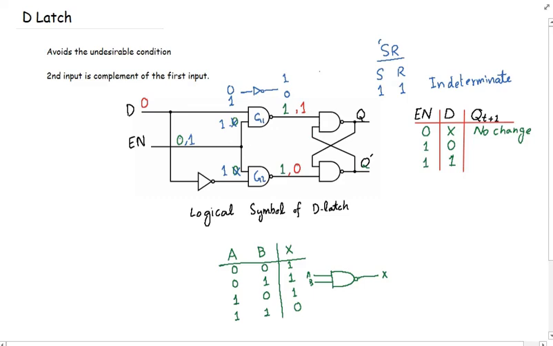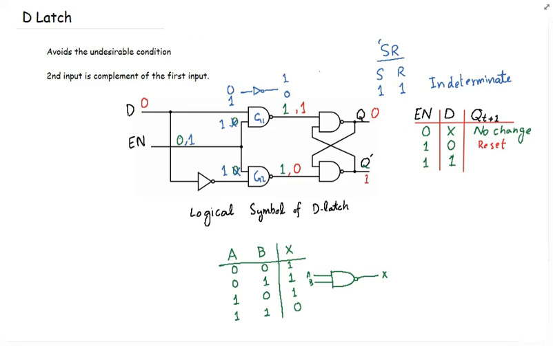So if there is 0 at the input of a NAND gate, looking at the truth table of NAND gate, we always get a 1 as our output. Now we have two ones as input to this one, we will get a 0 output at Q. So it means that now the circuit is in the reset state, because if D is equal to 0, Q is equal to 0.